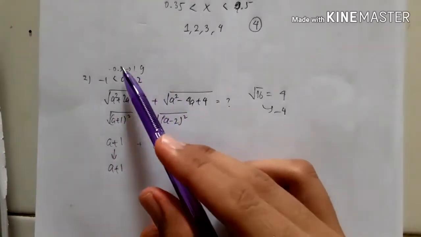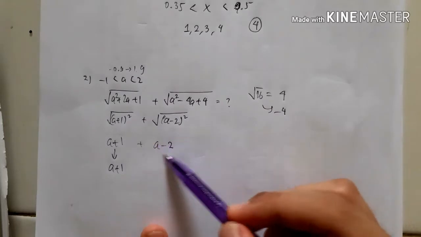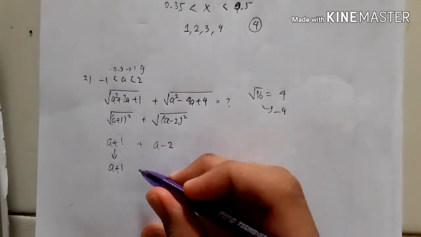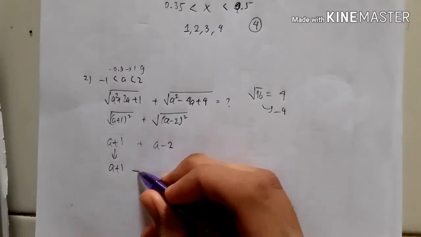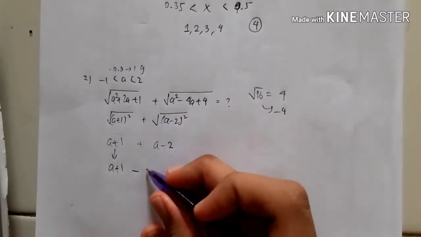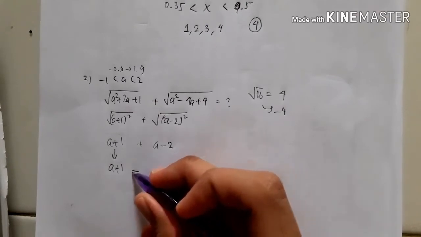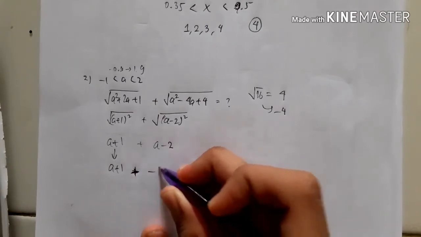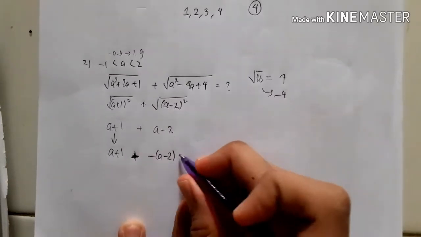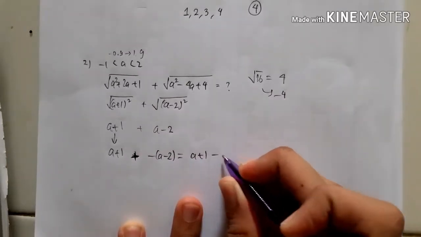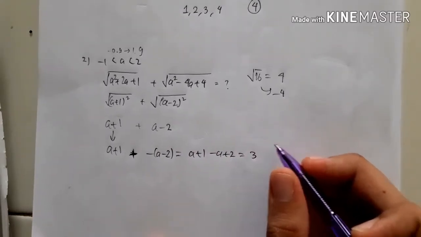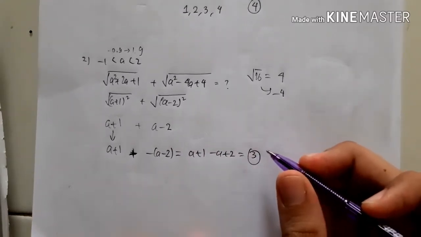But if we put any number into this other value, it becomes negative. So that root is the negative value, so it becomes minus a minus 2. So that is a plus 1 minus a plus 2, which is 3. Okay, so that is for number 2.